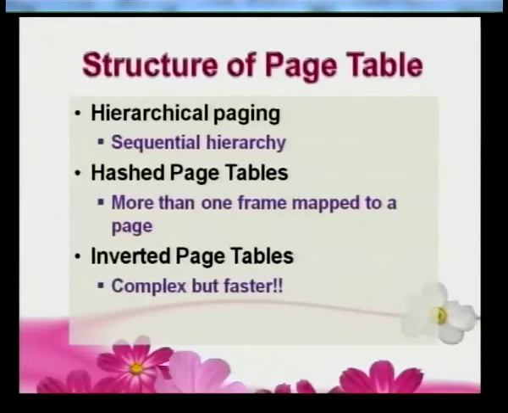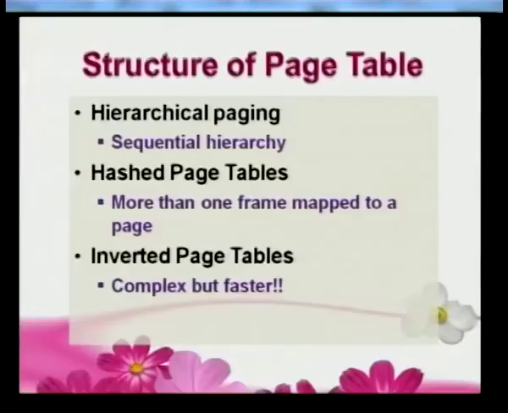There can be varieties in the page table structure. The number one can be hierarchical page table, or the second can be the hashed page tables, or the other alternate implementation can be the inverted page table implementations. Hierarchical page tables, from the name itself you can identify that there is a hierarchy in the implementation of the page table. The hierarchical page tables can be 2 level, 3 level and multi-level.